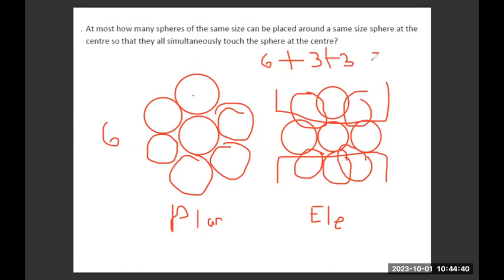This gives us a total of 12 spheres which can be kept touching the center sphere of the same size. I hope, I mean, it's a bad diagram which I've made, but I hope it's clear. Any doubts, any questions with this?